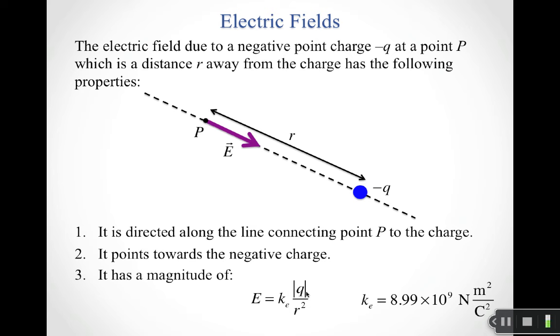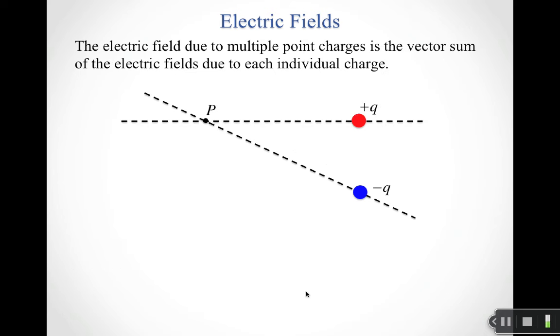So the last piece to add to this is what happens if I have multiple point charges. If I've got multiple point charges, again, I'm just adding vectors. So here at point P, I've got two charges, and I'm interested in their contributions to the electric field at point P. The contribution to the electric field at point P from my negative charge will point towards the negative charge.